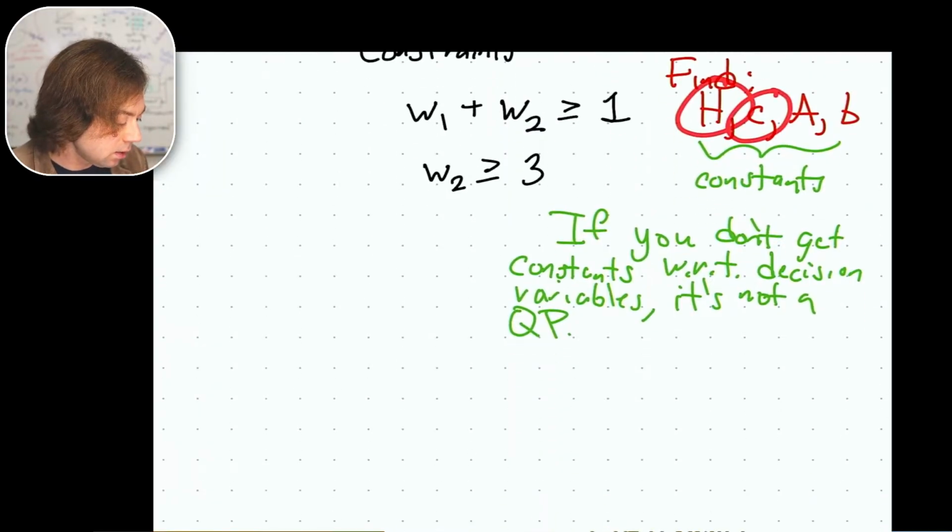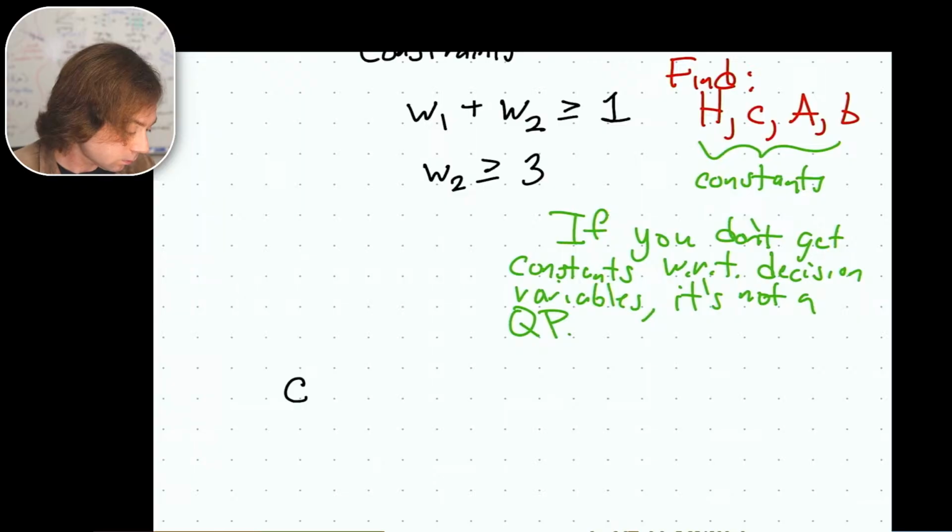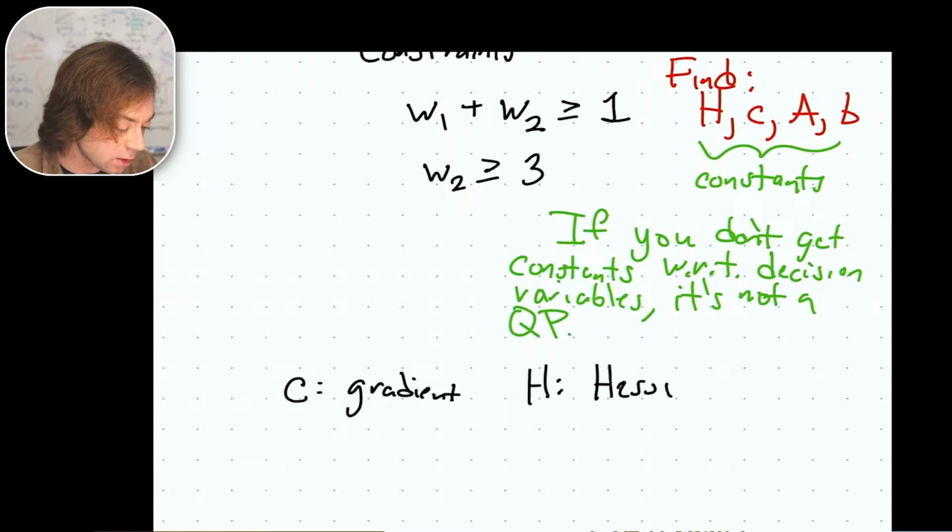C is the gradient. H is your Hessian. Again, these are of the cost.